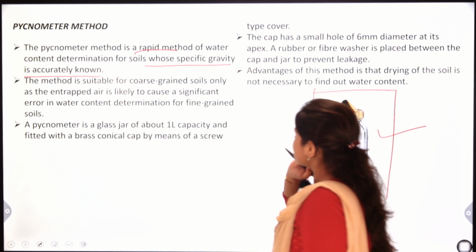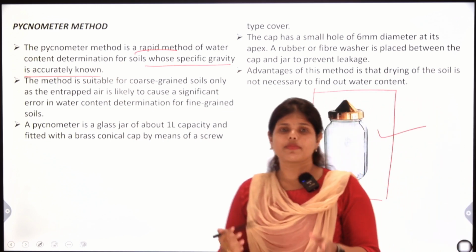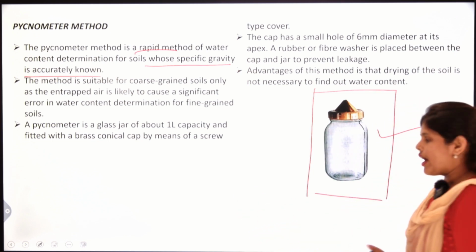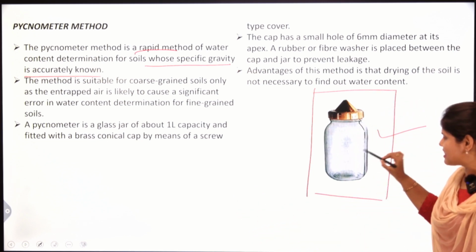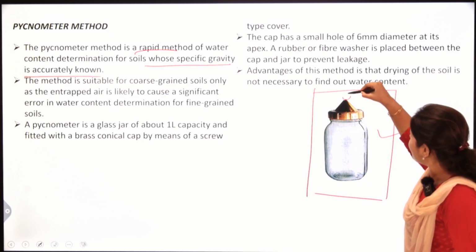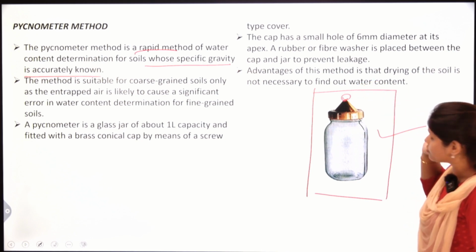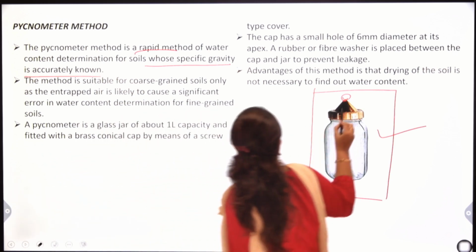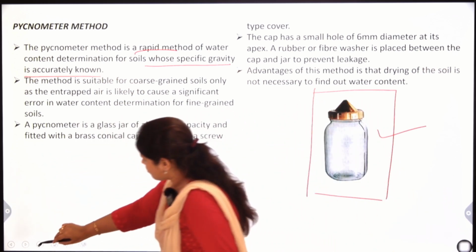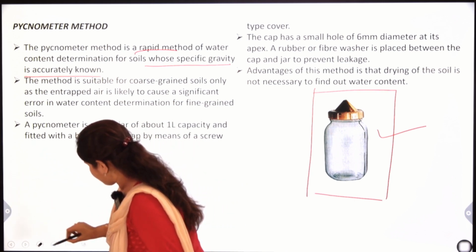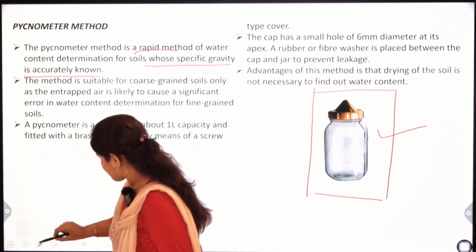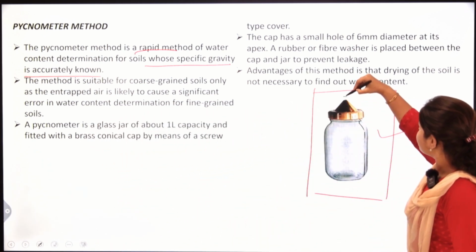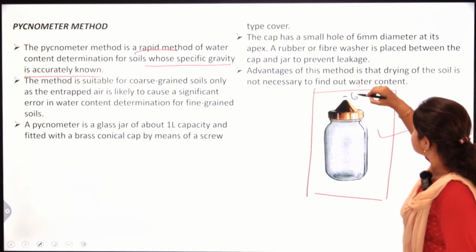So, next, this method can only be conducted with coarse grained soil. Okay. Why? Because in this jar we have the diameter here. The jar has a diameter of 6 mm.